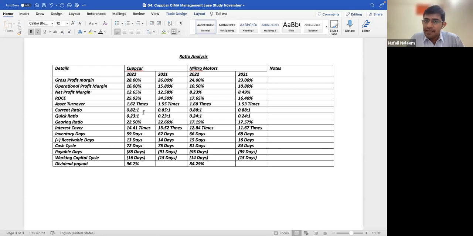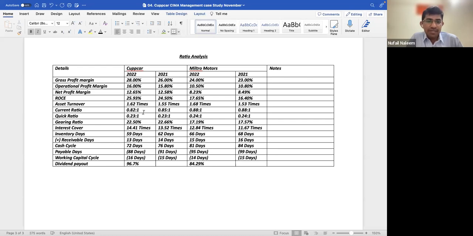Very old. And Miltro, they have not given exactly when they started the business. So there is a question of doubt that Miltro may be a little older company compared with us or a younger company. So effectively, Cuppcarr has the advantage of their brand positioning. Maybe for that they may be charging more. That is one more thing as well to consider.